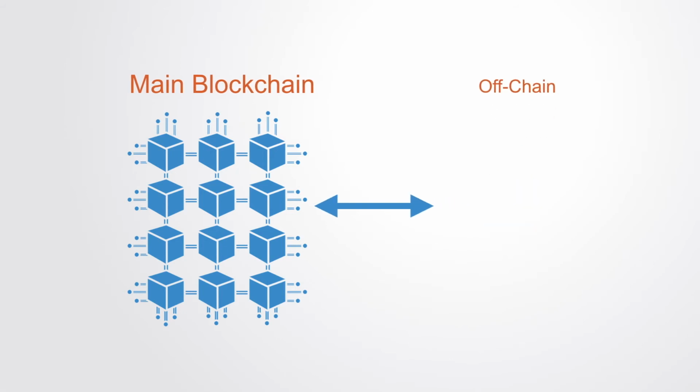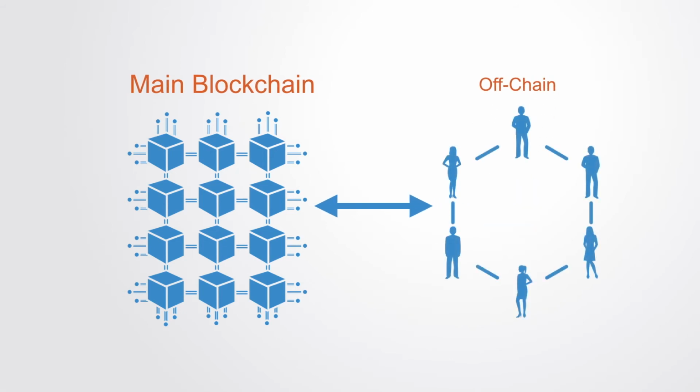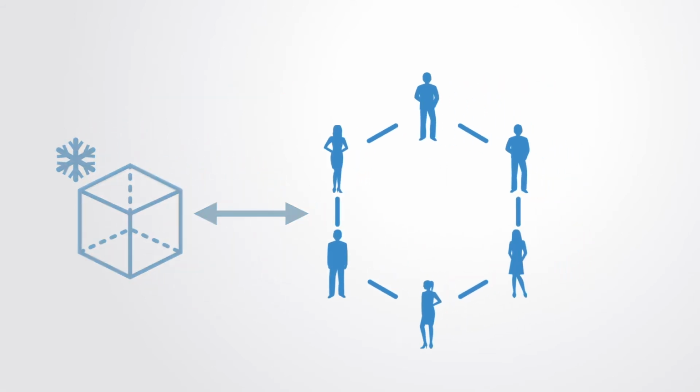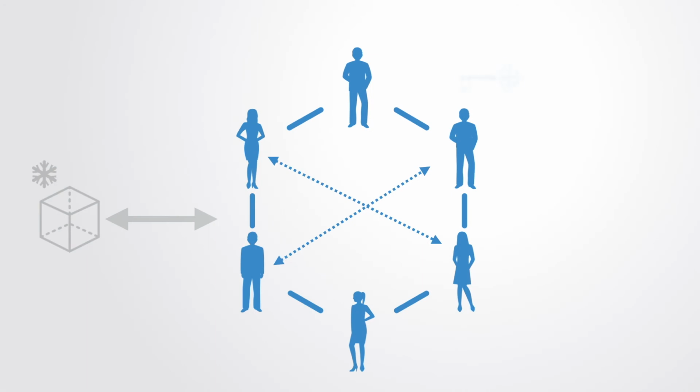It works by creating small communities wherein transactions can take place without each of those transactions being registered on the main blockchain. A payment channel is opened between a group of people with the funds being frozen on the main blockchain. Those members can then transact between each other using their private key to validate the transactions.